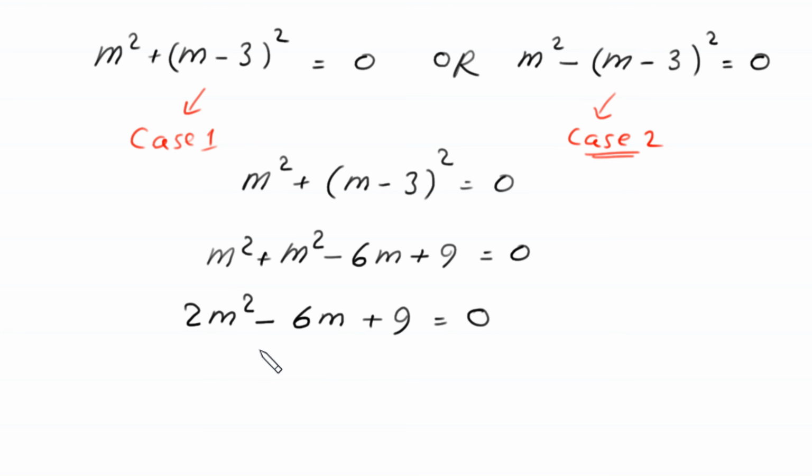Now this is a quadratic equation and it's not factorable, so we solve it by quadratic formula. In this equation, a is equal to 2, b is equal to negative 6 and c is equal to 9.